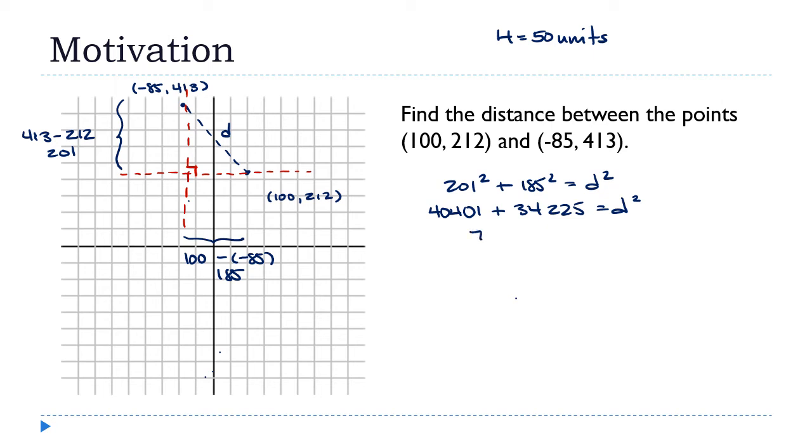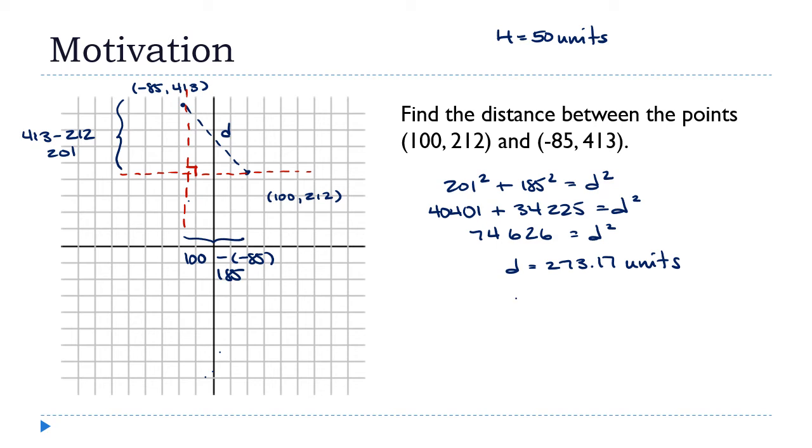So this is 74,626 equals D squared. Then take the square root of both sides, and we get our answer. The square root of 74,626, which is about 273.17 units. Nothing was specified, like feet, so we'll just call it units.